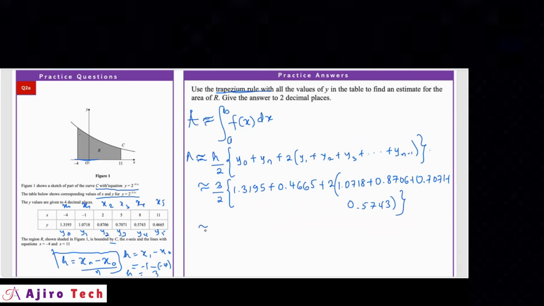So we use our calculator to solve this. Let's add everything together: 1.3195 plus 0.4665 plus 2 multiplied by 1.0718, 0.8706, 0.7071 and 0.5743. You have to be careful while punching your calculator.